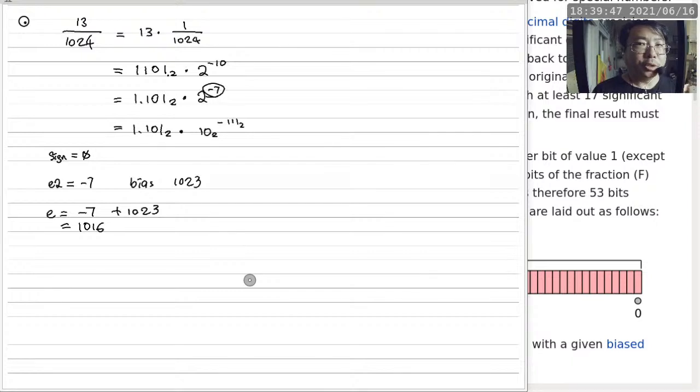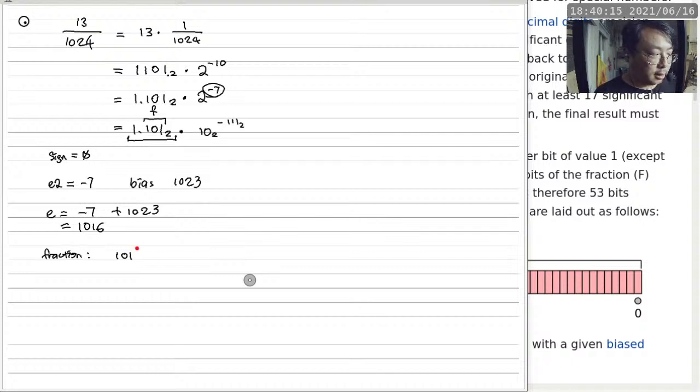What about the fractional part of the mantissa? This is our entire mantissa, so the fractional part of the mantissa is only this part. We'll say the fraction part is going to be 101. And someone's going to say, but Tech, we are expected to have 52 digits over here. We only have 3 at this point.